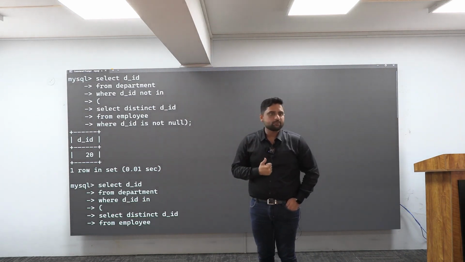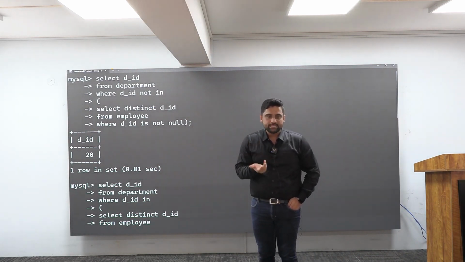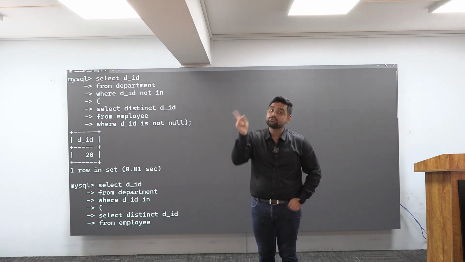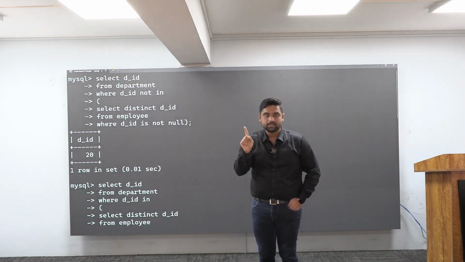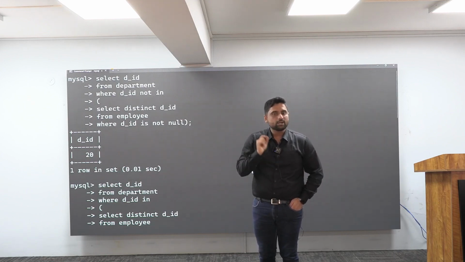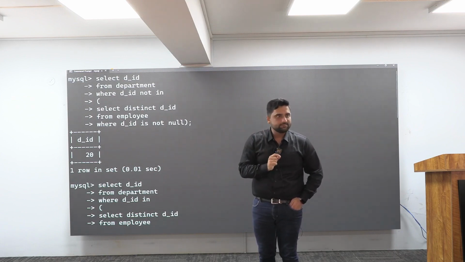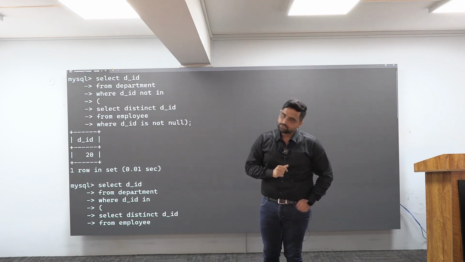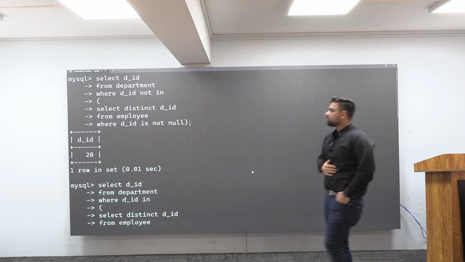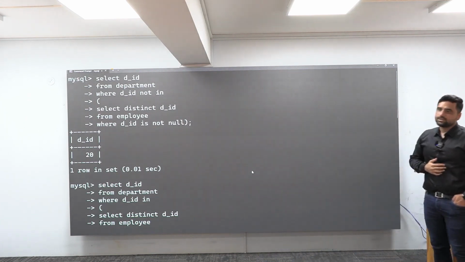What is a single row subquery? When your subquery returns only one row, only then you say it is a single row subquery. What is a multi-row subquery? When your subquery returns multiple rows, only then can we say this is a multi-row subquery. And what is correlated, you will understand further.